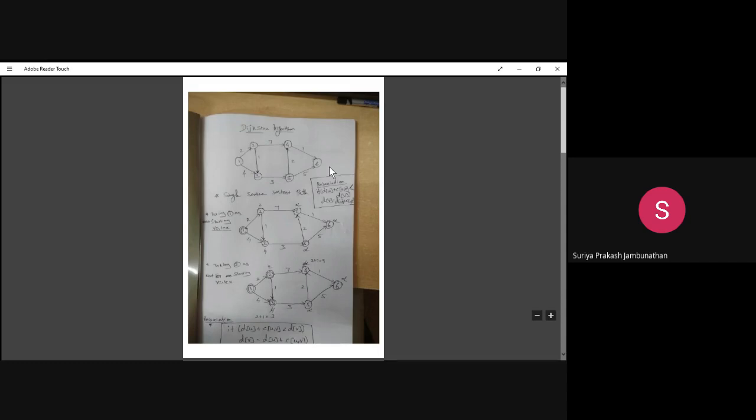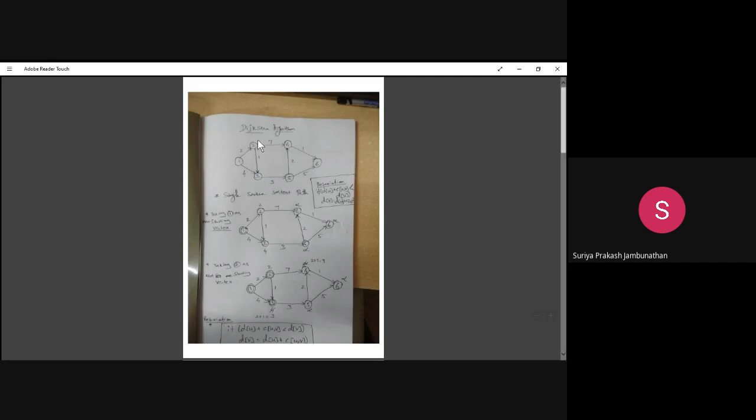From this, we have one formula. The formula is the relaxation formula. What is the use of the relaxation formula? When you add the vertex value and the edge value, if the value of the next vertex is greater, we have to modify that. I will explain clearly when we move to the problem.